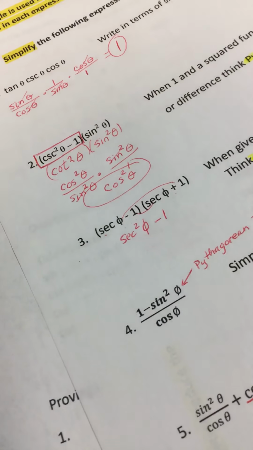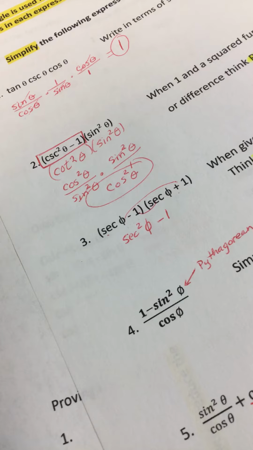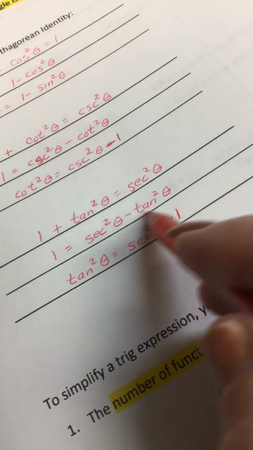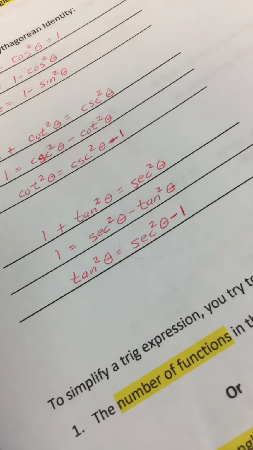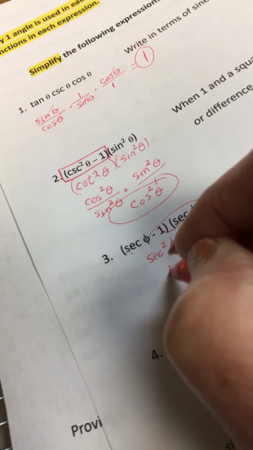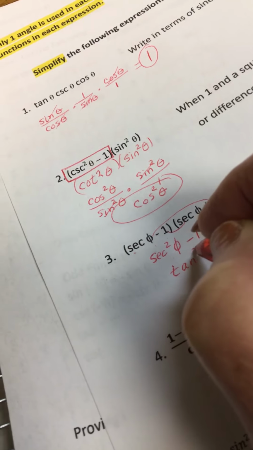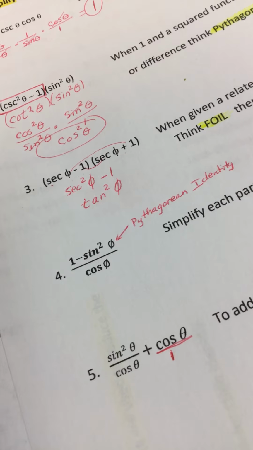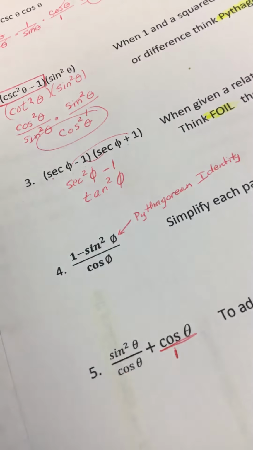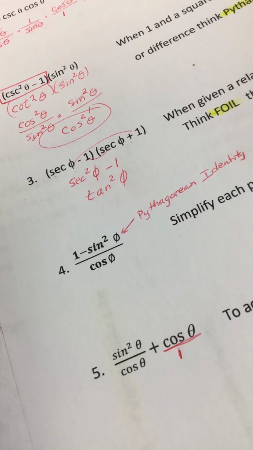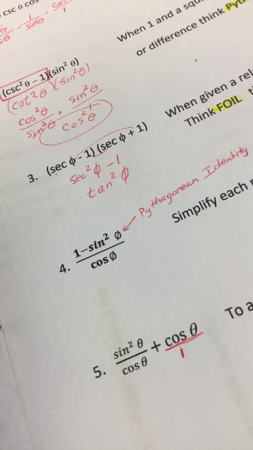Now, if I go and look back on my list, I'm wondering, does secant squared minus 1 equal anything? And there it is. Secant squared minus 1 is tangent squared. And y'all, we're just trying to become familiar with these identities right now. So I know you're going to need to look back over on your list until you are familiar, but we've got to do this. All right, in number 4, I'm thinking 1 minus sine squared theta.